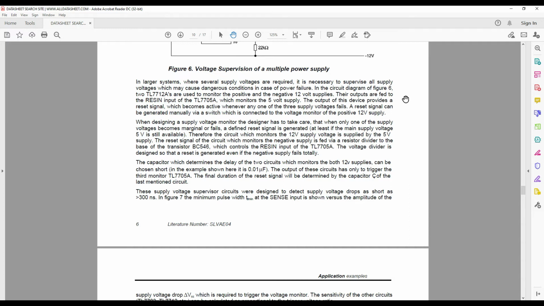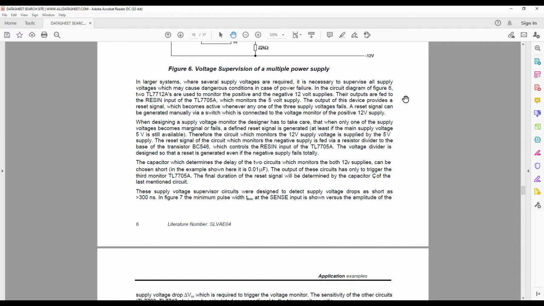The reset signal of the circuit which monitors the negative supply is fed via a resistor divider to the base of the transistor BC546, which controls the RESIN input of the TL7705A. The voltage divider is designed so that a reset is generated even if the negative supply fails totally.